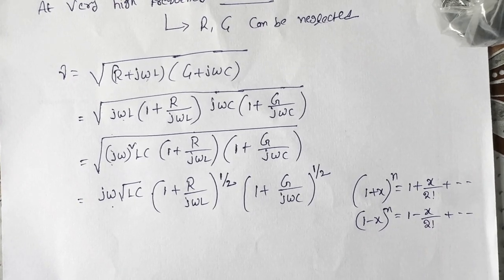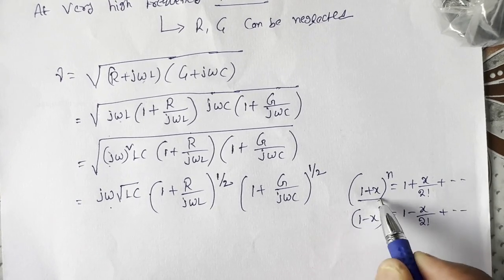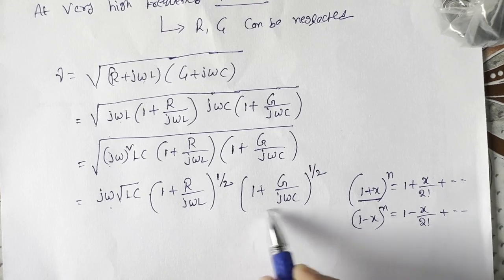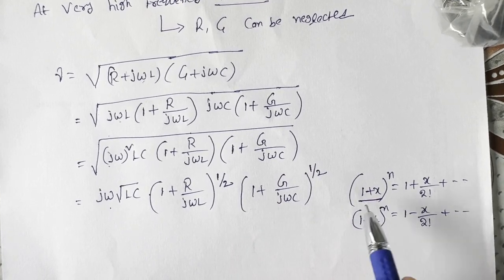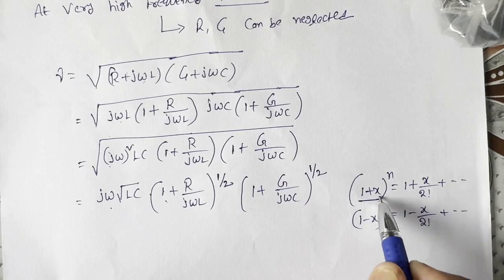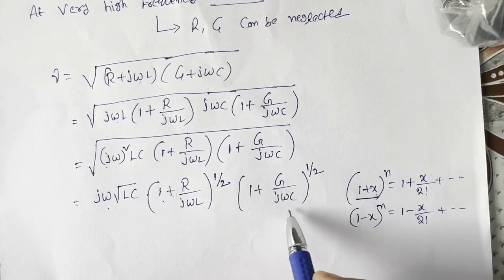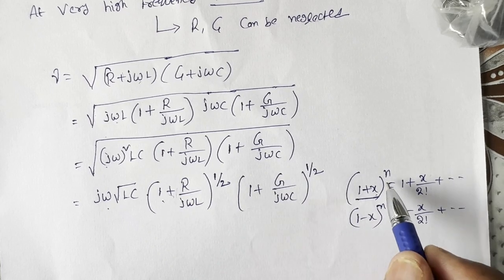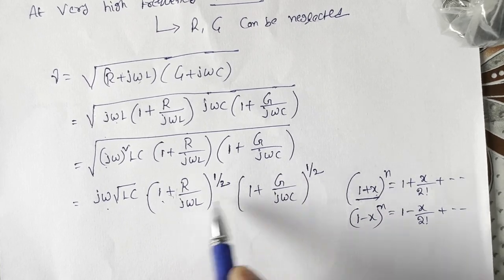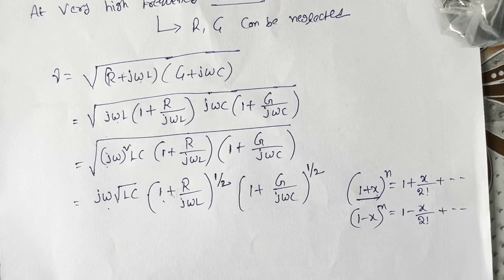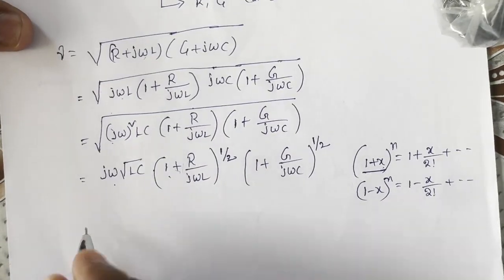Now I am using this formula to expand this. Here the value of x is R by j omega L, here G by j omega C, and the n value is 1 by 2. So now I am expanding here.